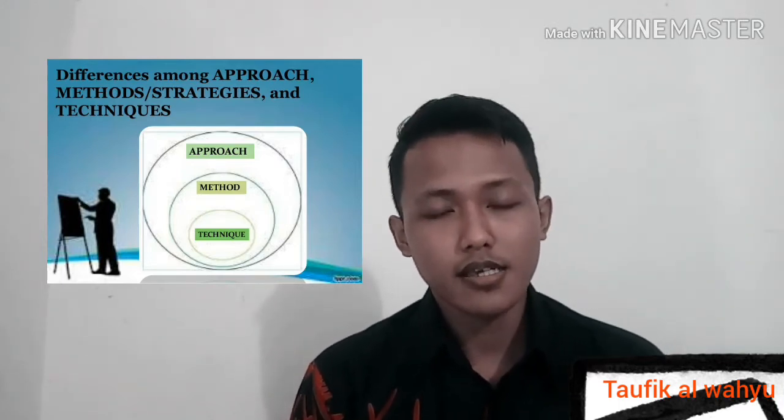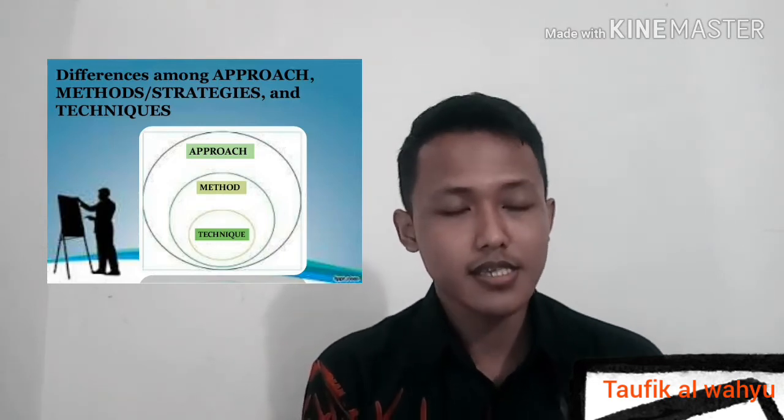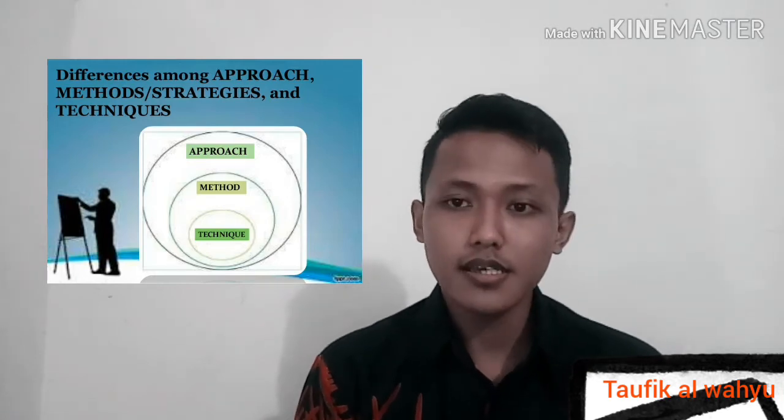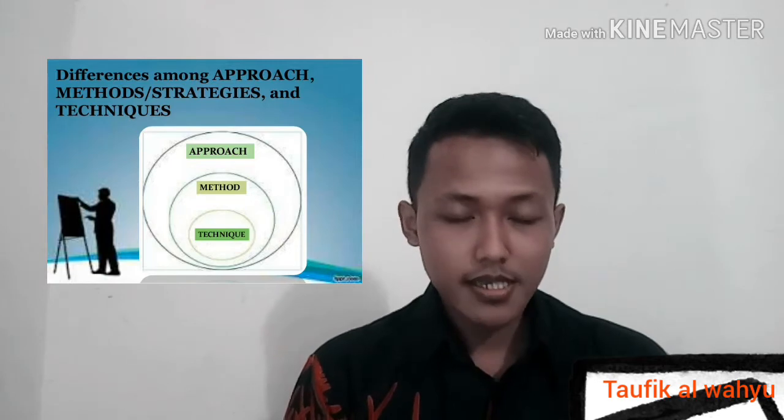So we need some additional like technique and strategies. Technique is a specific way to solve the problem, and the strategies is activity in a class. So if we rearrange from the beginning until the last, we got approach at the first and method at second. The third one is technique, and the last one is strategies.